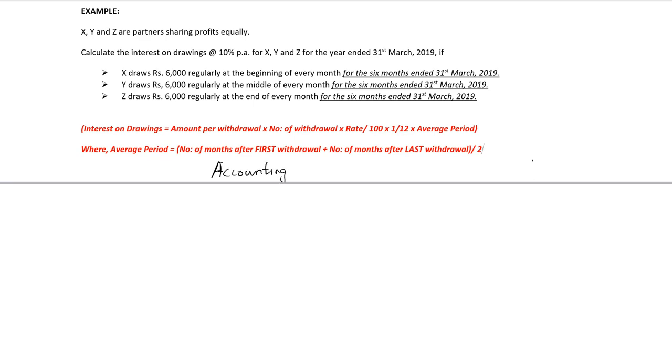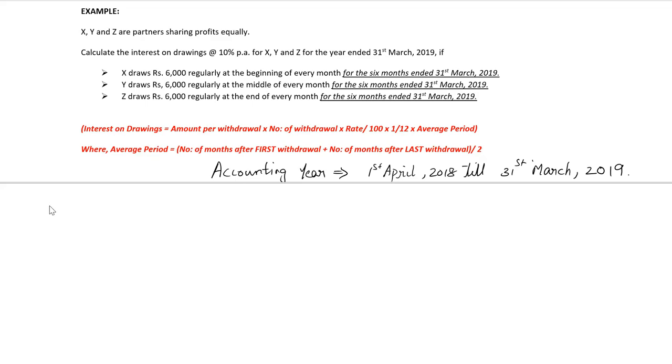Accounting year, first April 2018 till 31st March 2019.